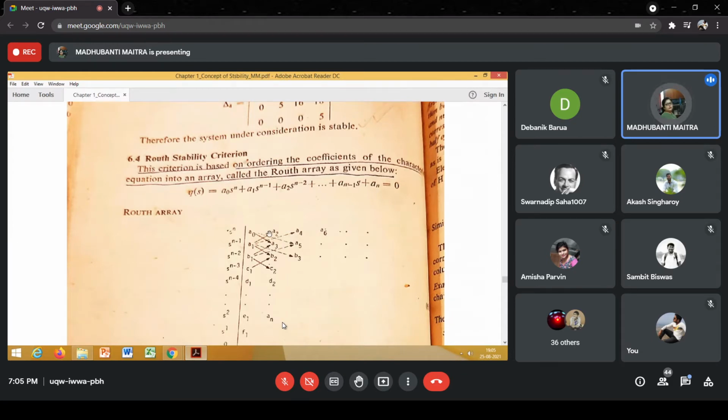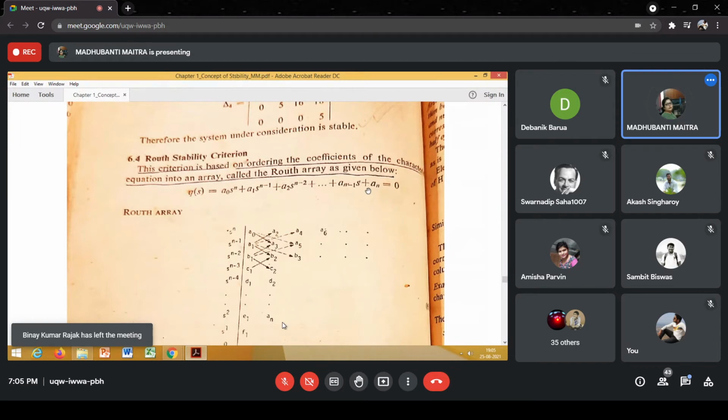And already we have used all the coefficients of the characteristic equation. So if we assume that the terms contained in this row are say B1, B2, B3, etc., it's pretty simple that we'll have to compute B1, B2, B3, isn't it? Because already we have used all the coefficients.